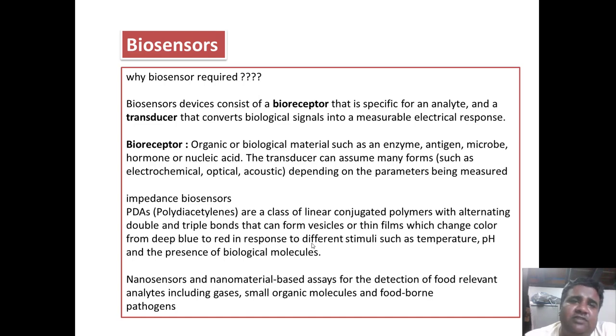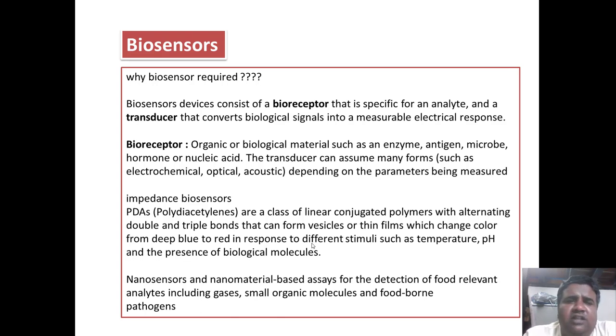Biosensors: why are biosensors required? The next tool is biosensors. The reason we use biosensors is, for example, if a product is contaminated with microorganisms and we wish to determine the total number of microorganisms, then practically we have to go for total plate count or yeast mold count.